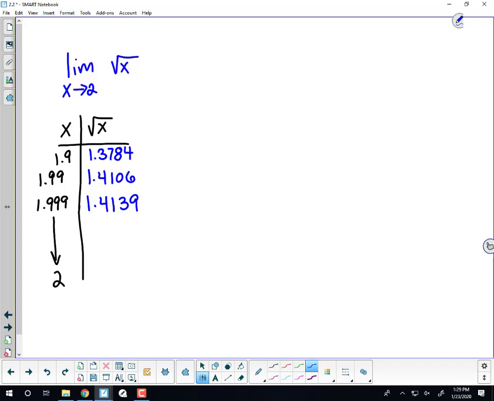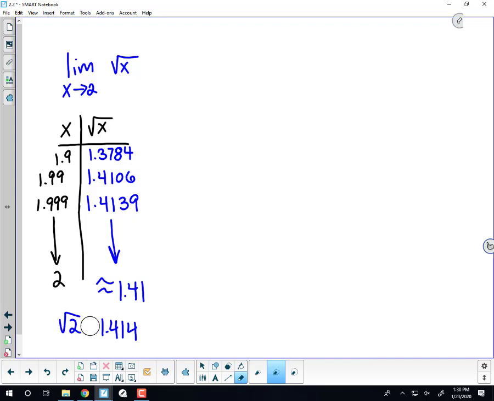So then we could make a guess and say, I would expect that the limit would approach something that's approximately 1.41, based on what we've done. And so just take the square root of 2. 1.414. Let's just say approximately here.